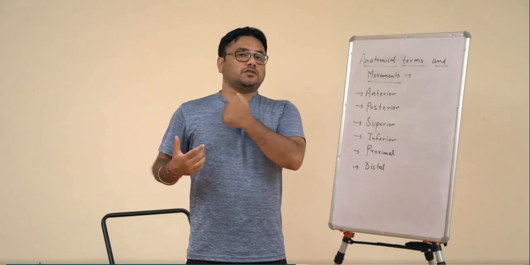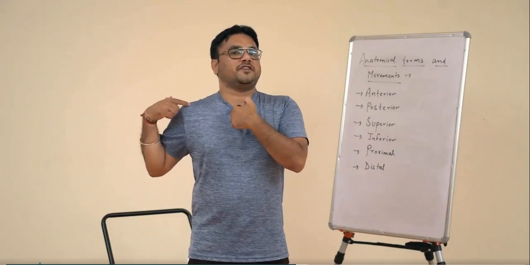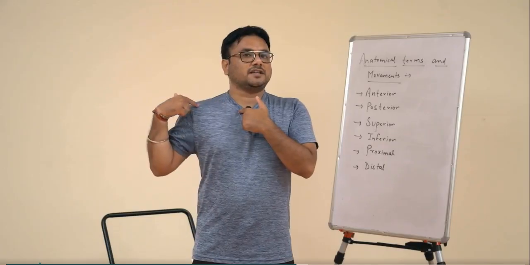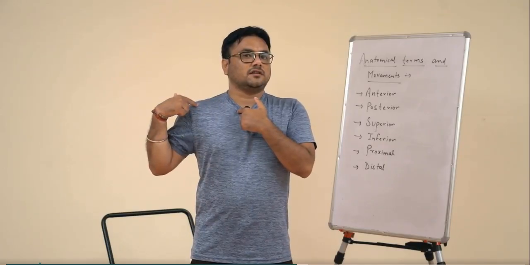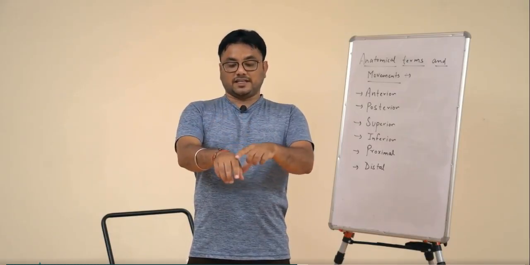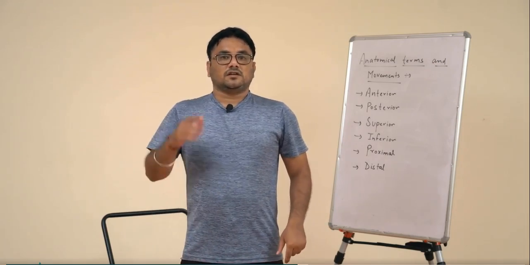From where the collarbone starts and where it finishes, this part is proximal in relation to this joint, and this is distal because it is away from the trunk. My ribs are proximal, but my elbow joint is distal to the trunk. So proximal is near to the trunk, and distal is away from the trunk.